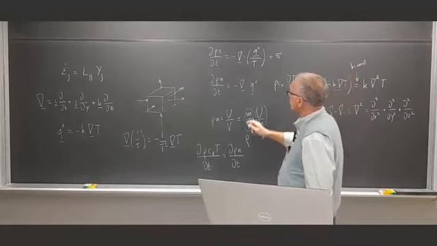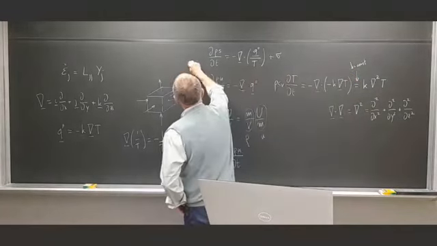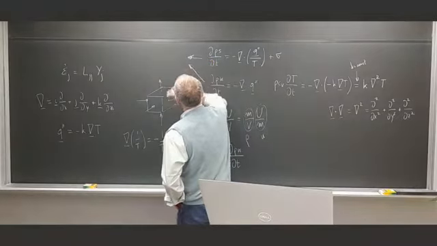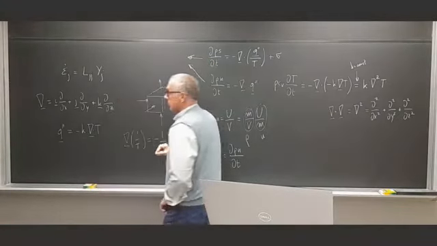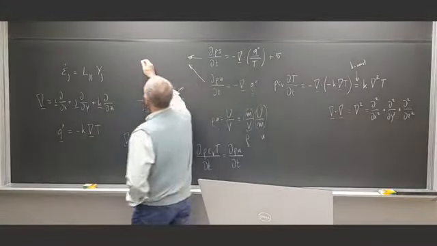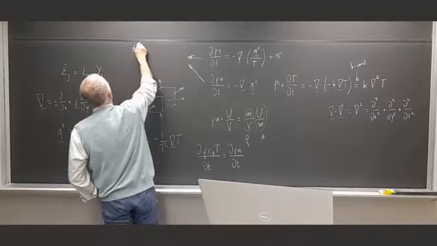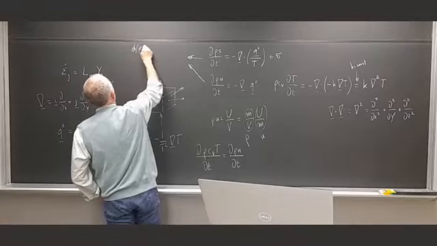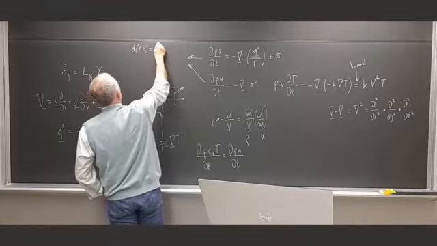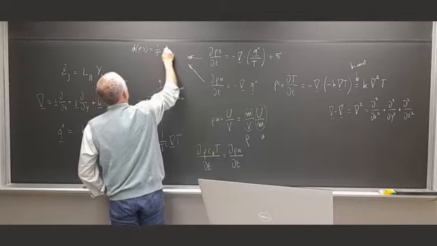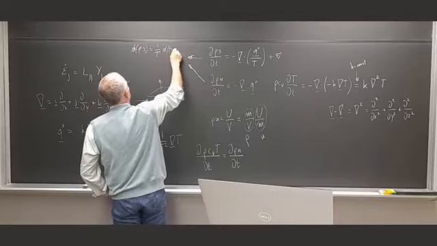Now, usually these two are related through the Gibbs relation. The Gibbs relation is, you can write it as rho S equals 1 over T d of rho u.